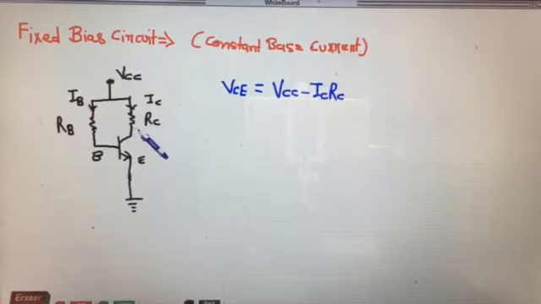From here, VCE is also constant, so that's why collector current is also constant. So on keeping VCC and IC fixed, the operating point is fixed.